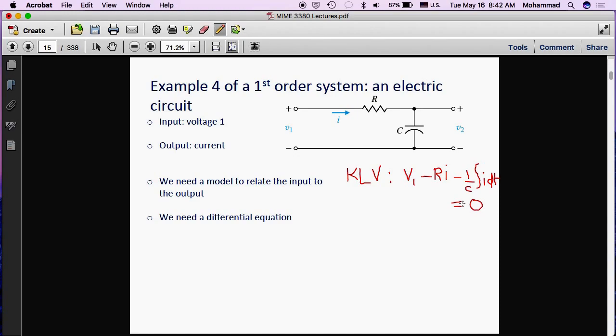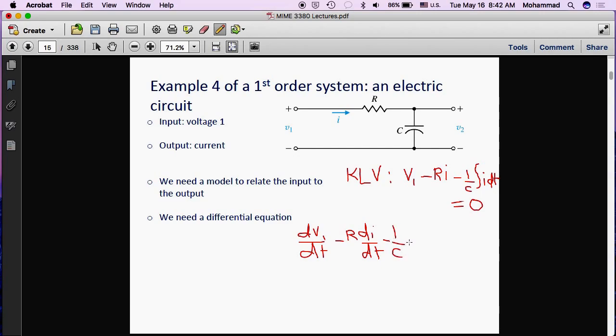Yeah, differentiate it. We can differentiate this equation with respect to time. So it becomes dV1 with respect to time minus R, which is a constant, so I'm not going to differentiate it, so it's going to be R dI over dt minus 1 over C, again a constant, so it just stays.